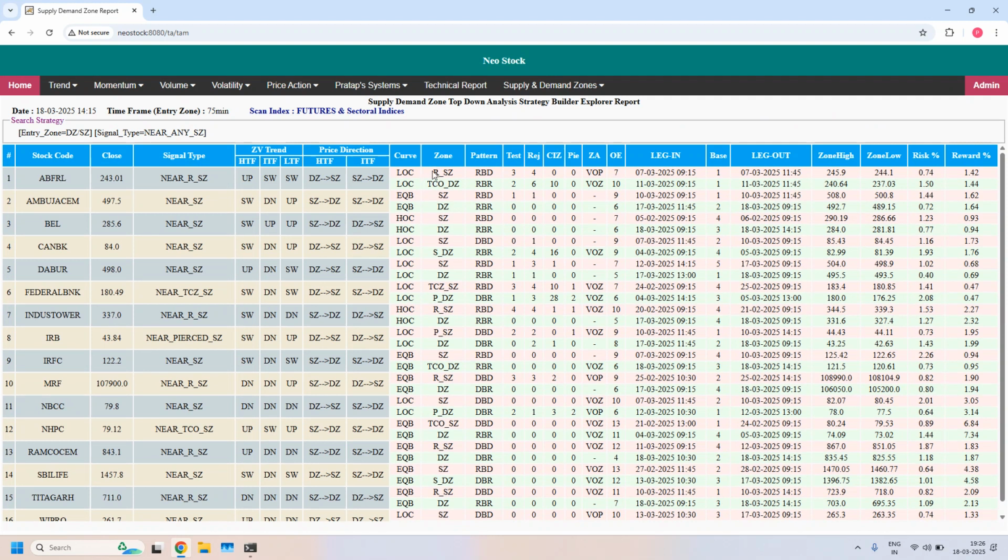ABFRL is having high liquidity 75 minutes supply zone. Indus Tower is invalid because it is a pierced zone. We can't use it for high liquidity zone strategy.